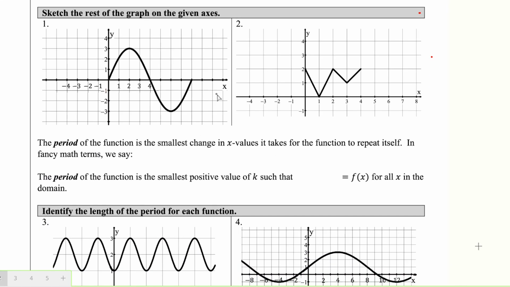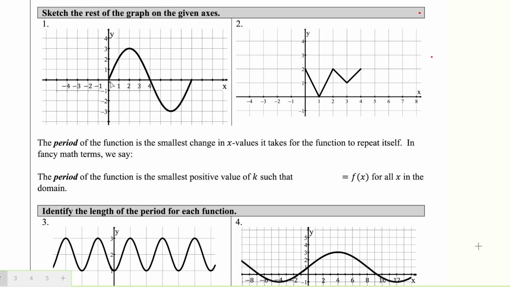Let's look at what we have here. Imagine taking this graph, number one, and copying and pasting it multiple times. So let's take this same graph and imagine copying it here.